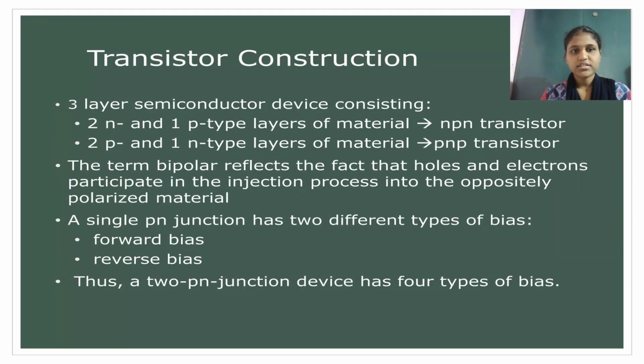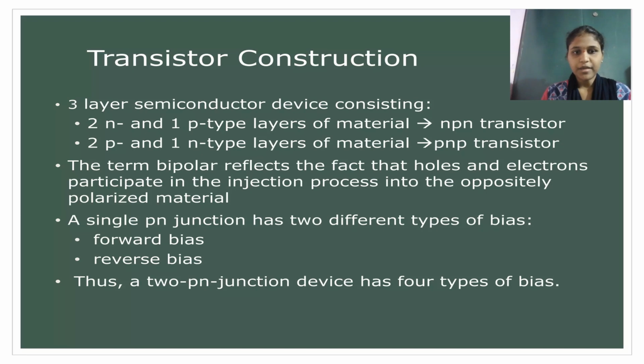Now let us discuss about transistor construction. Three-layer semiconductor device constructing two N and one P type layers of material is the NPN transistor. Two P and one N type layers of material is known as PNP transistor.